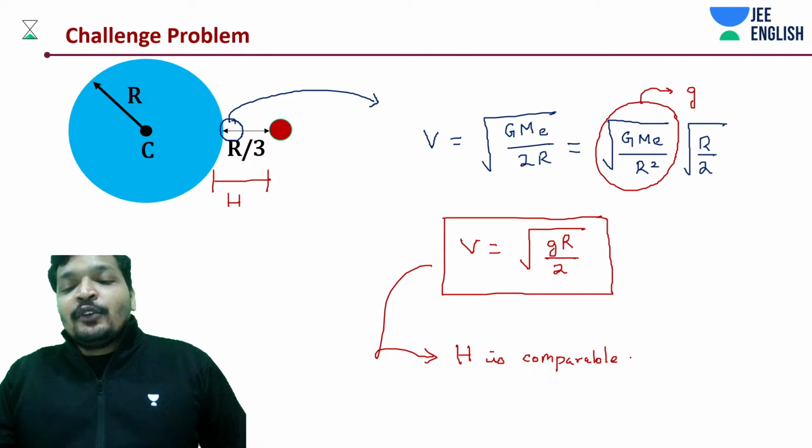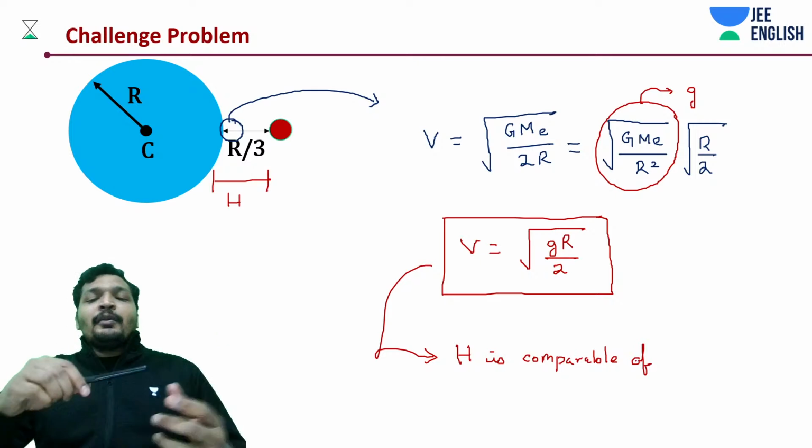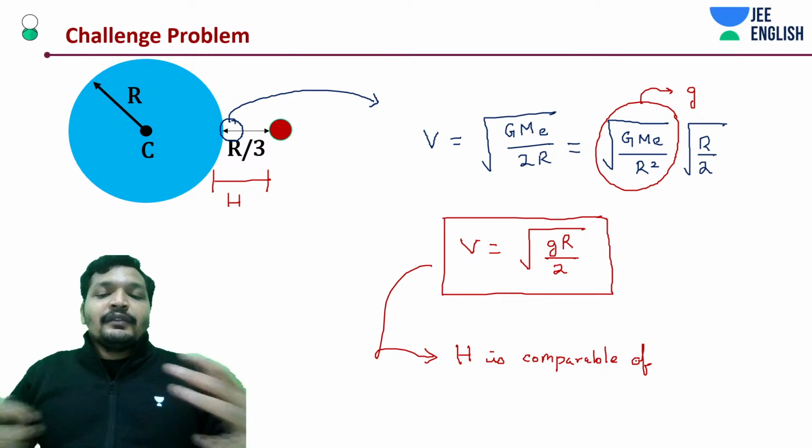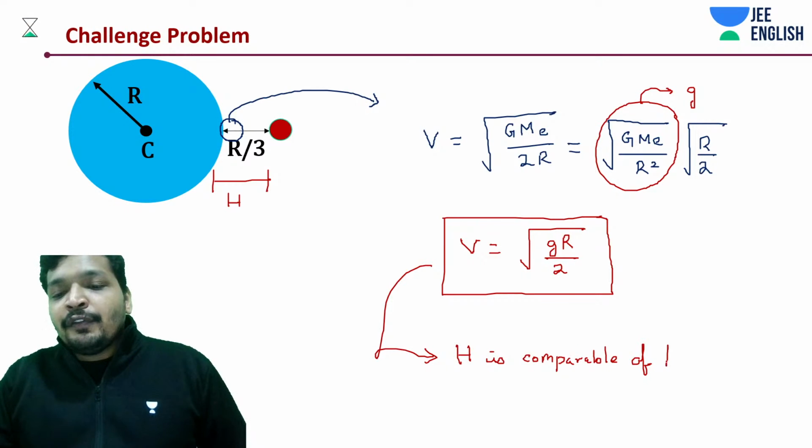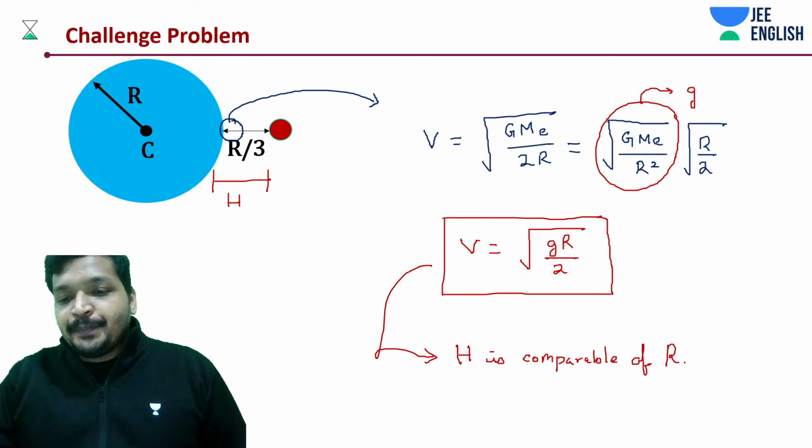It's not more of a daily thing that we would be using. Okay, just for small drop-in objects, etc., this is not something that we are going to consider. So this should be comparable to the radius of Earth. That is when we use this.